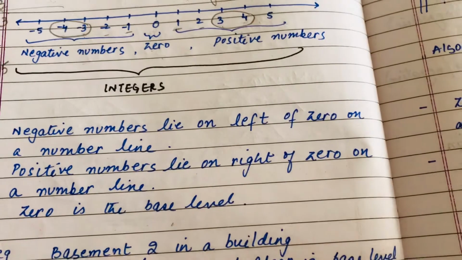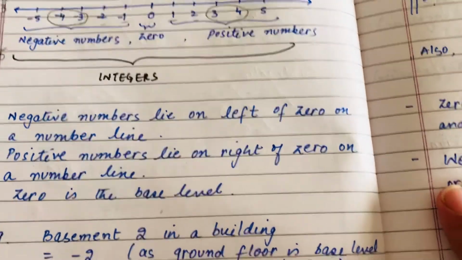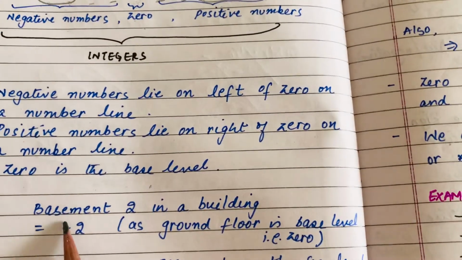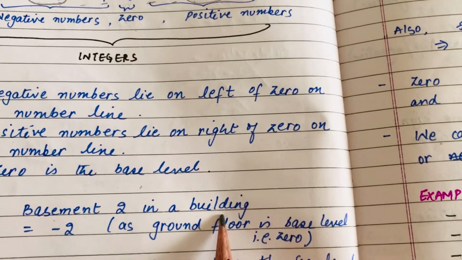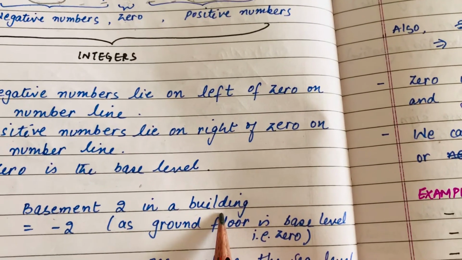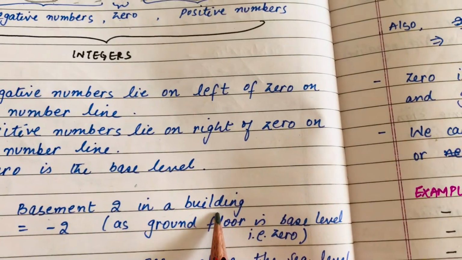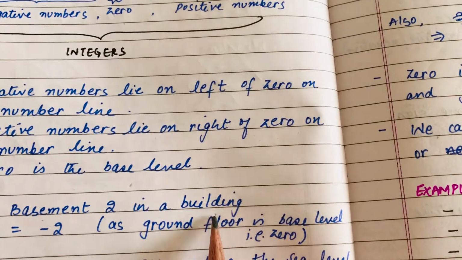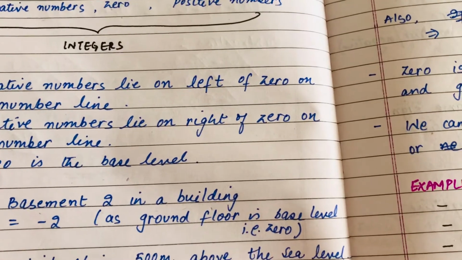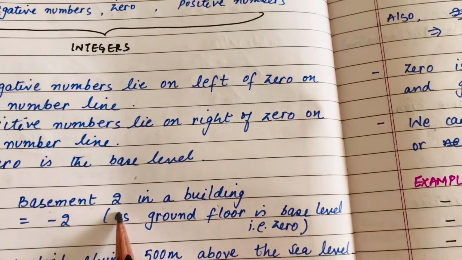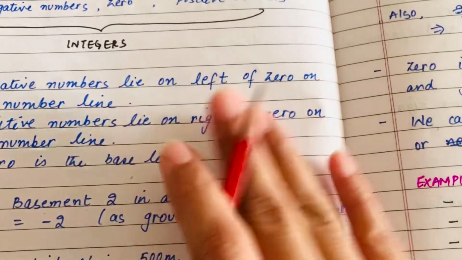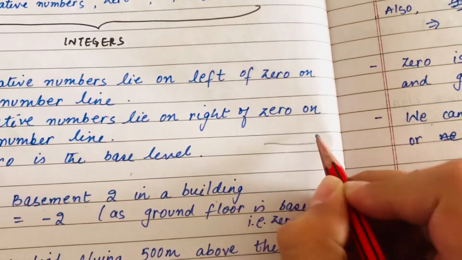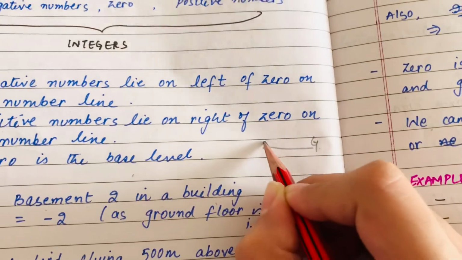Let us consider a few day-to-day examples. Have you seen basement 2 in a building? Whenever you travel somewhere, maybe in a shopping mall or somewhere, we have seen the parking lots are always, or in most buildings, in the basement, right? And whenever you want to go to the basement, it means you are going down a level from the ground level, which we consider as the 0 level.